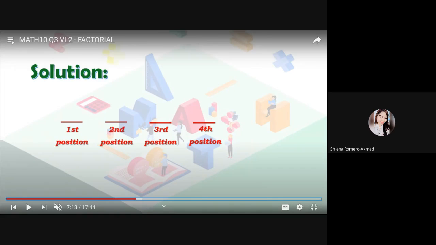What are our choices? How many is our choices for each position? For the first position, ilang choices ba yung meron tayo? Ilang choices ba yung meron tayo sa unang posisyon?